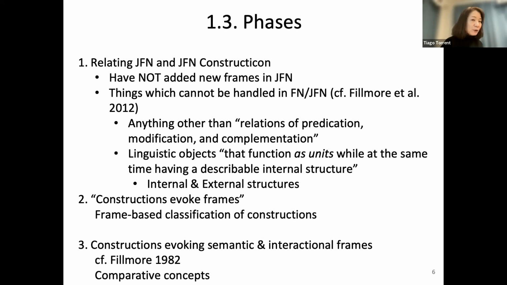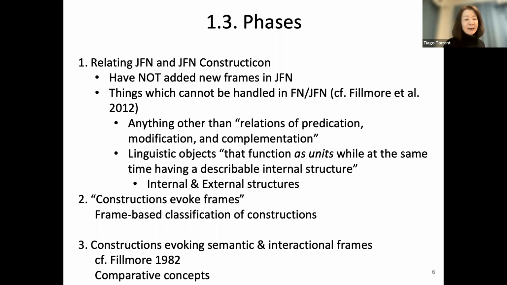We work using the existing frames in Berkeley FrameNet because from the beginning of the Japanese FrameNet project, we really wanted to see how far we can go using only the frames defined for the English lexicon in Berkeley FrameNet, because we've been really thinking about aligning and linking the Japanese frame data with the Berkeley FrameNet data from the beginning.